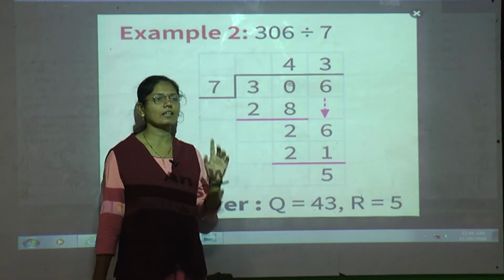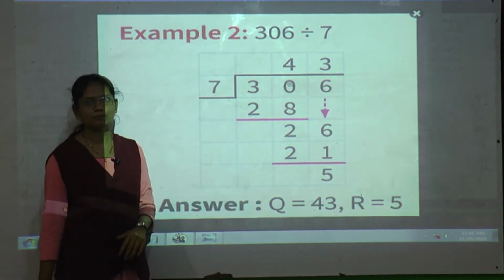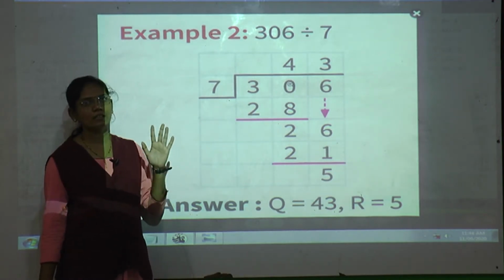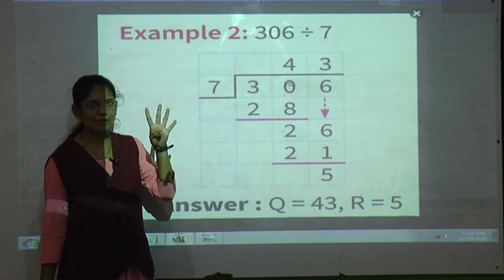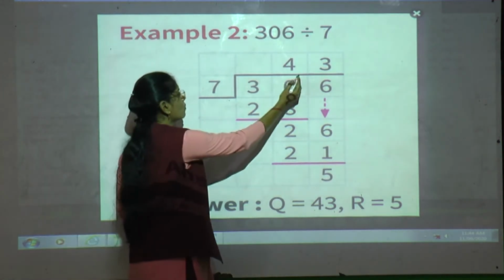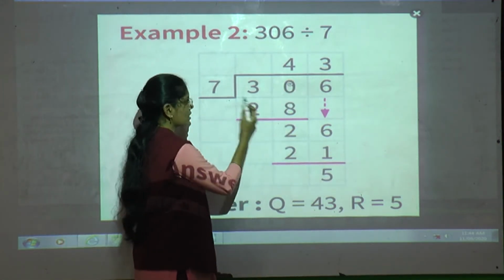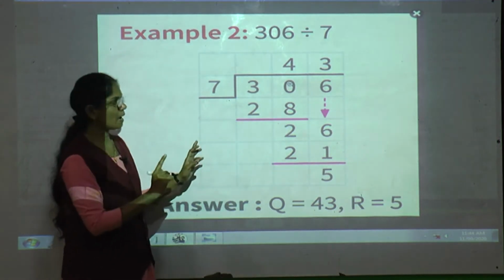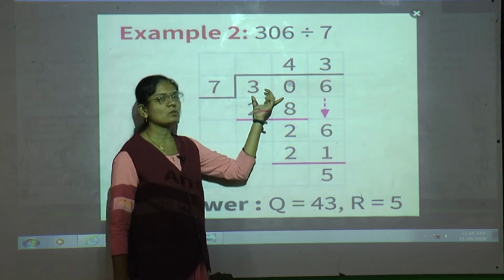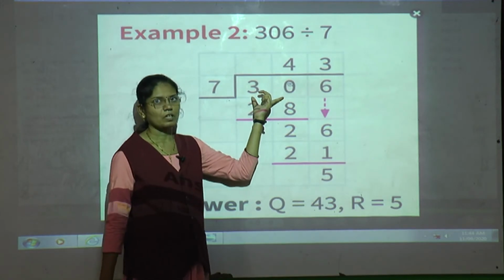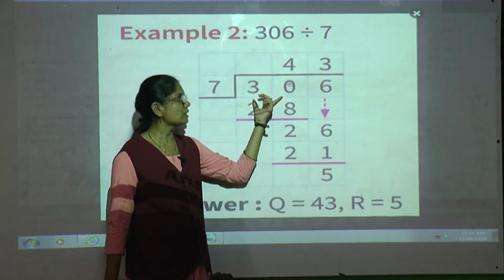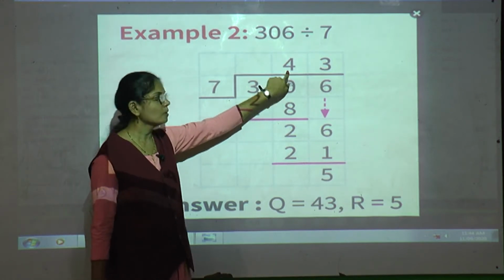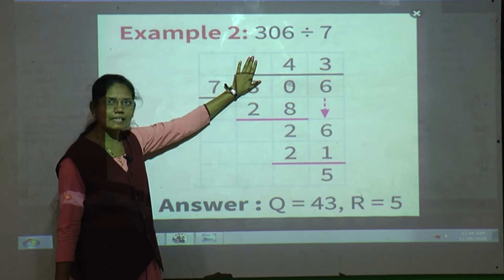In 28, there are 4 7s. So 7 4s are 28. In this case, these two numbers together we have taken. So whatever quotient we will get, we have to write at tens place. Don't write anything on the hundreds place.